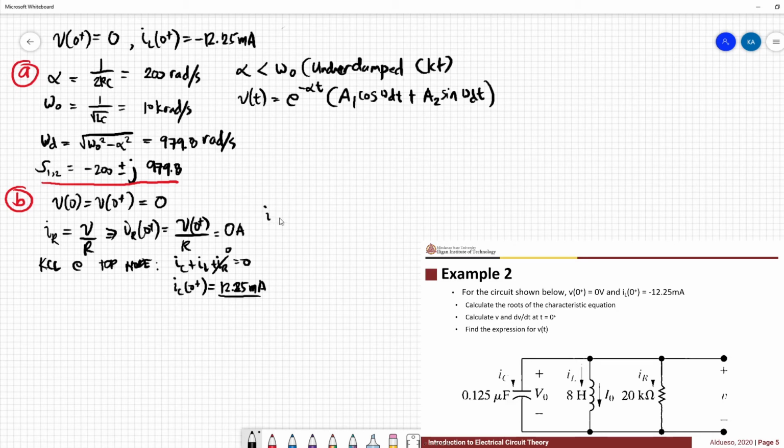We all know the current in a capacitor is given by this equation. So dV/dt at 0 plus is equal to IC of 0 plus over C, which is equivalent to 98k volts per second.